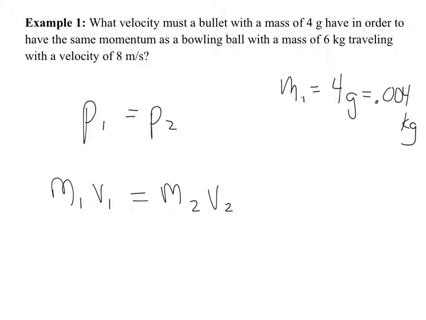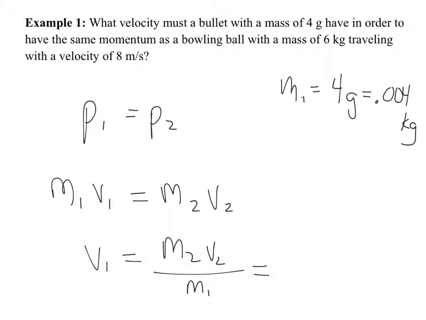So at this point we could solve. We're trying to figure out the velocity of the bullet. If the mass of the bullet was called m1, then we're looking for v1. So v1 is going to equal m2v2 divided by m1.